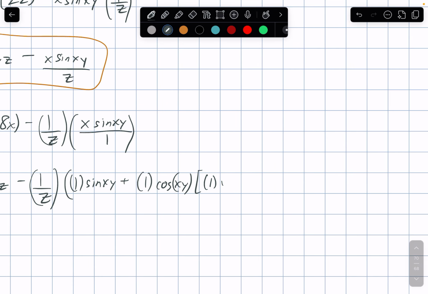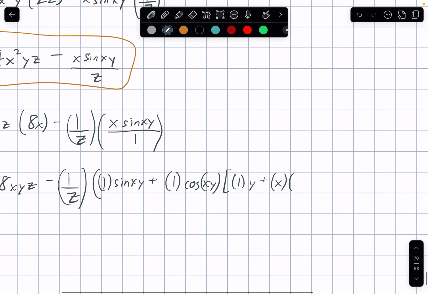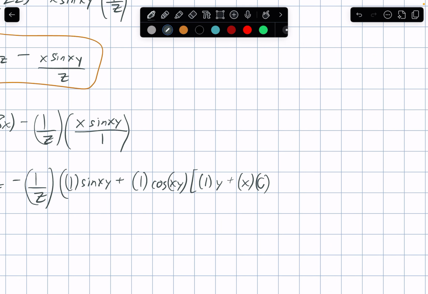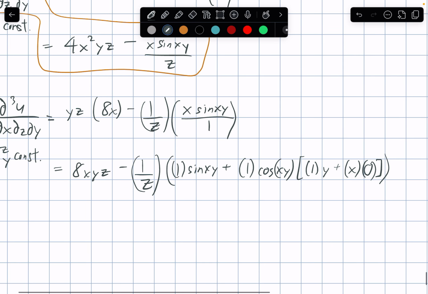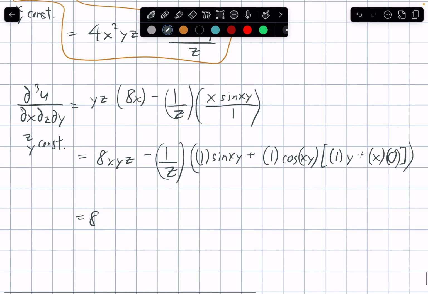So 1 times y plus x times 0, since y is a constant. Sine xy plus y cos xy over z.